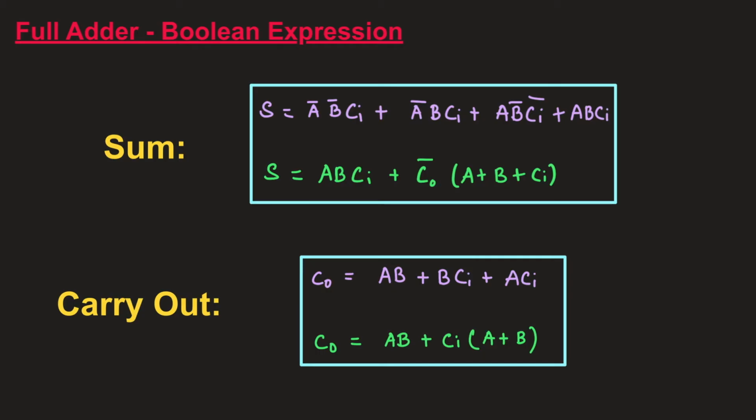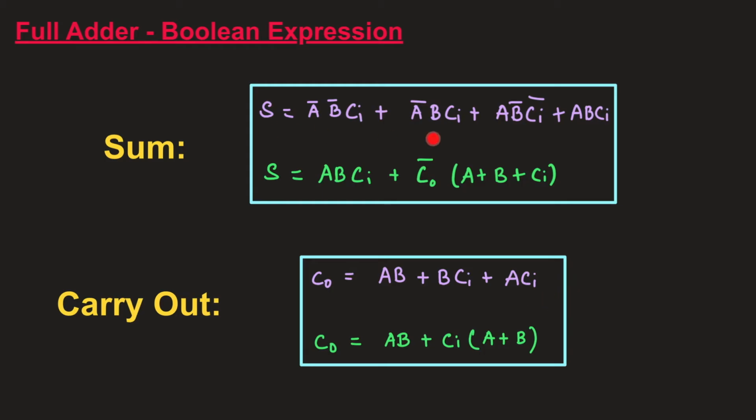The KMAP reduction technique and the validation of how both these equations of sum and both these equations of carry are equal is shown clearly with all derivations in the static CMOS implementation of full adder. So those who haven't watched that video, please do watch it to have continuity for implementation of full adder using transmission gate, because transmission gate full adder also depends on the Boolean expressions which we have obtained from the truth table or from the KMAP reduction technique.